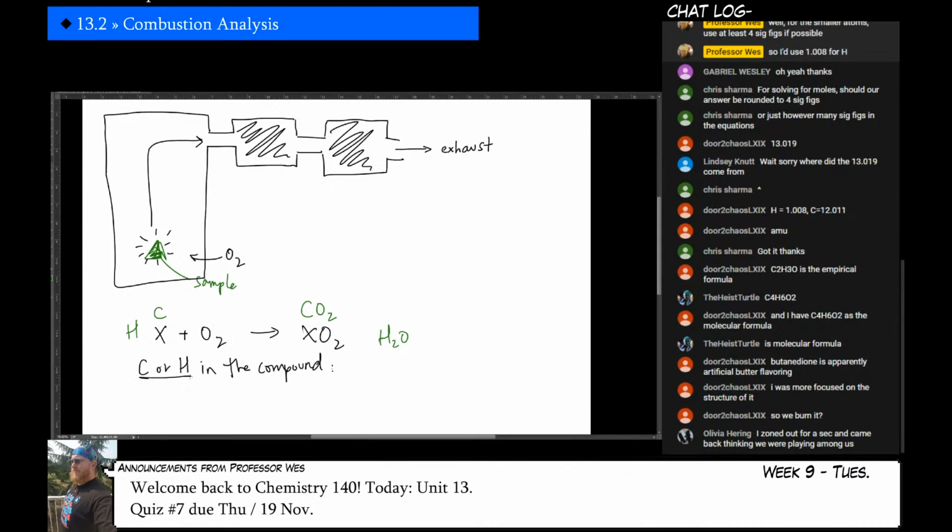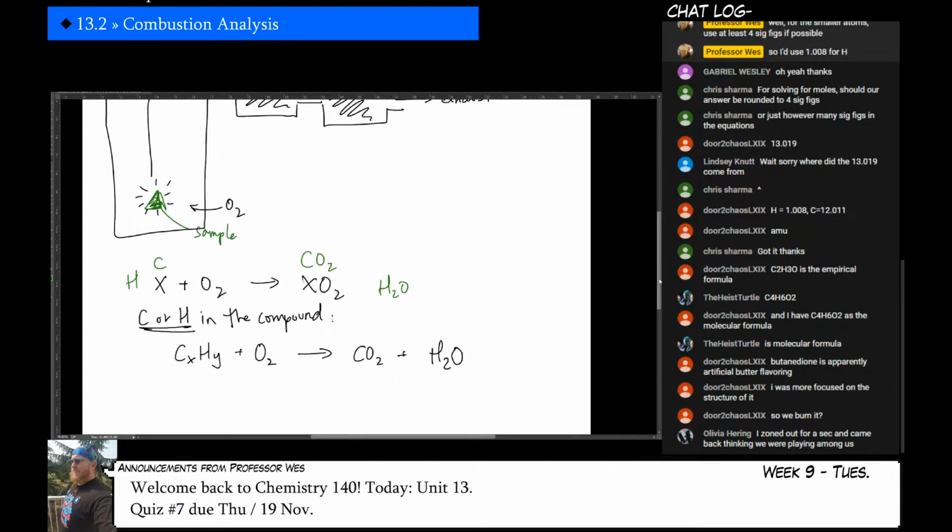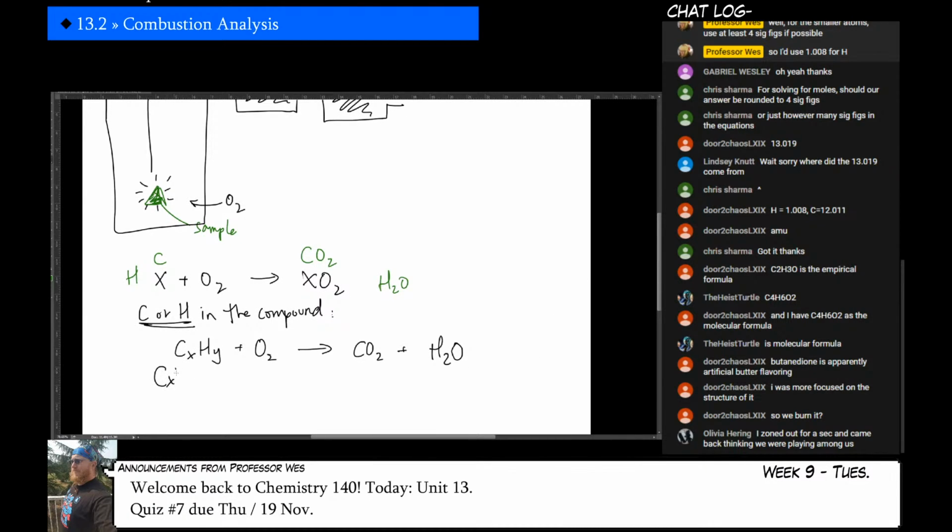So if I have a compound that has only carbon or hydrogen in it, and I combust that with oxygen, the products that I get are always going to be carbon dioxide and water. Now, next quarter, we're going to do an example where we have oxygen in there also, and I react it with an O2.